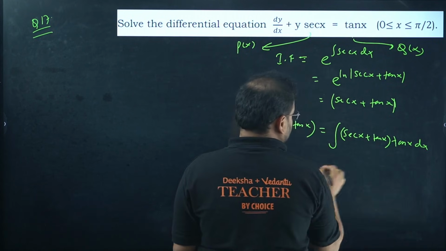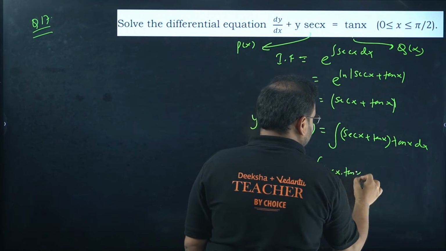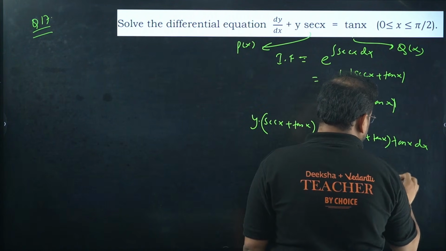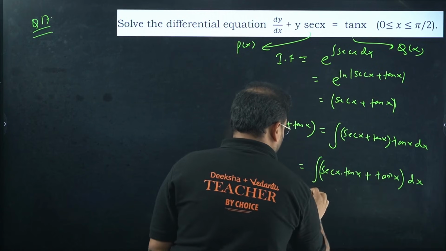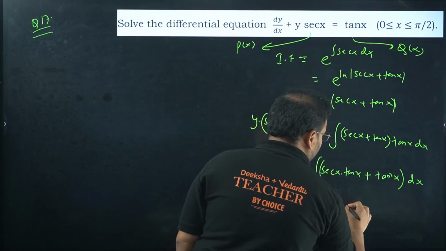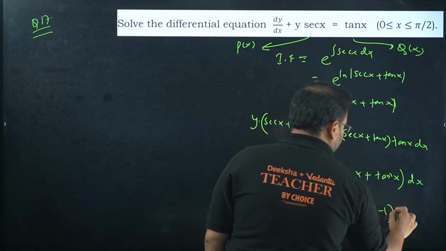The answer becomes integration of secant x tan x plus tan square x dx. One more step: tan square is secant square x minus 1. Now you can integrate.